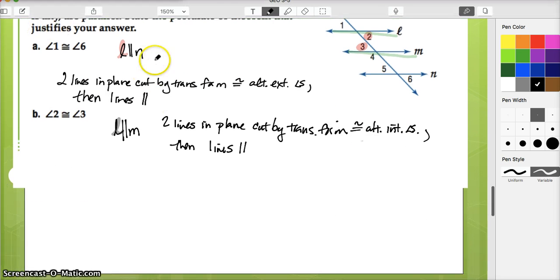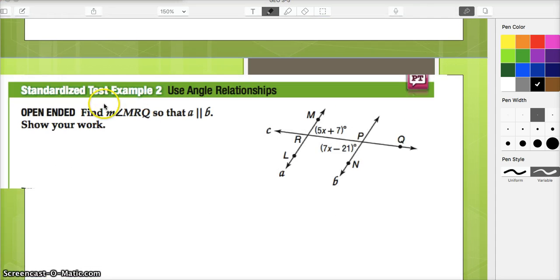Let's take a look at example 2. In this case, it says find the measure of MRQ, that's this angle here, so that A is parallel to B. I want these two lines parallel, and I want to figure out what MRQ must be. Show your work.